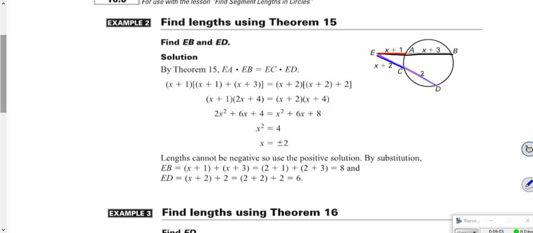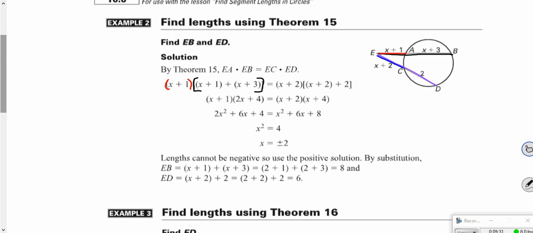So remember, the whole times the external equals the whole times the external. So first of all, the external, here's my X plus 1, what I have marked in red, equals the whole thing. Here's the whole thing. We had to add the X plus 1 and X plus 3 together.